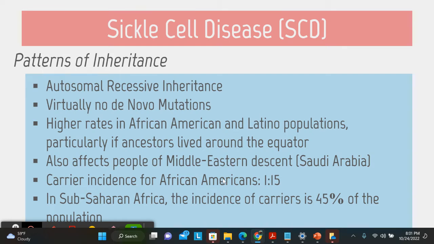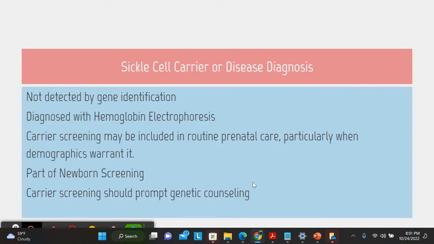If you are African American, your risk of being a carrier of sickle cell trait is about 1 in 15. But if you are living in sub-Saharan Africa, the population there has an incidence of carriers that is 45%, very, very high in regions of the world where malaria is common.